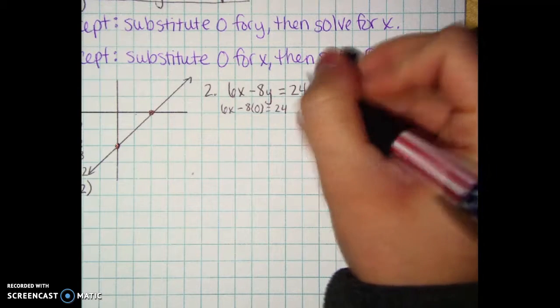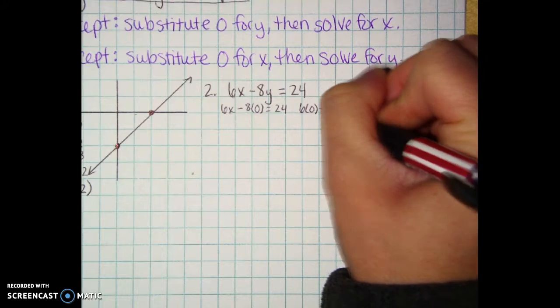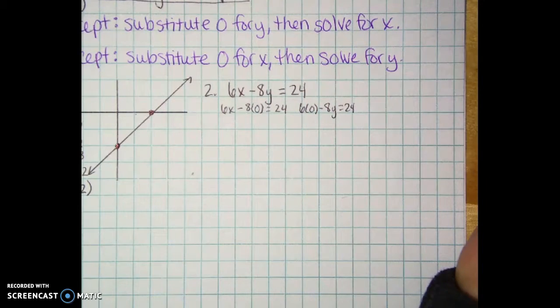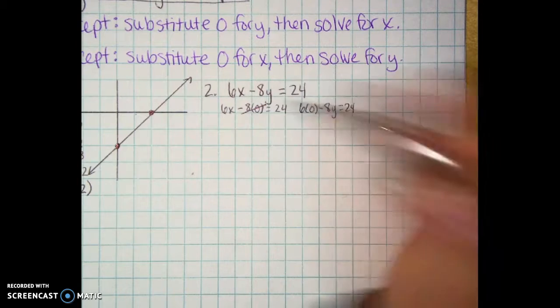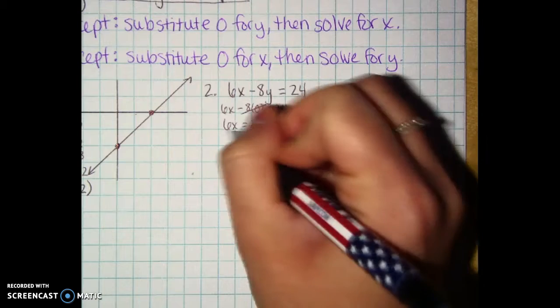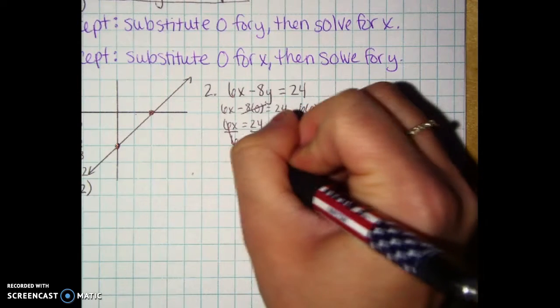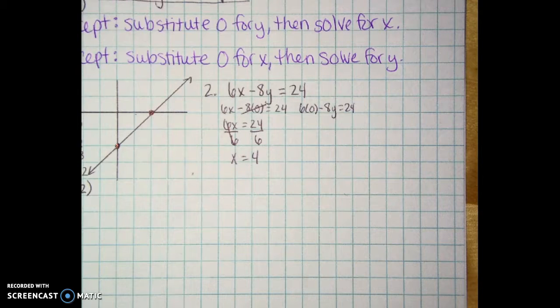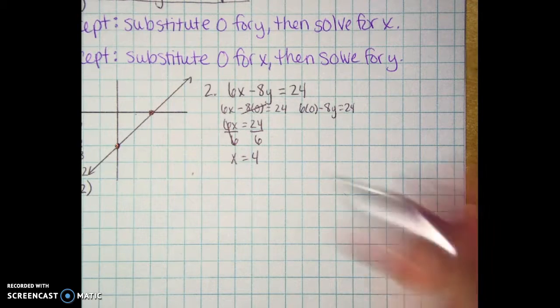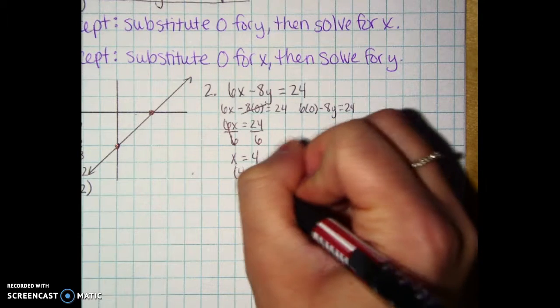Over here will be the y-intercept, so that'll be 6 times 0 minus 8y equals 24. Over here, that cancels out, so 6x equals 24. Divide by 6, x equals 4. So the point is 4, 0.